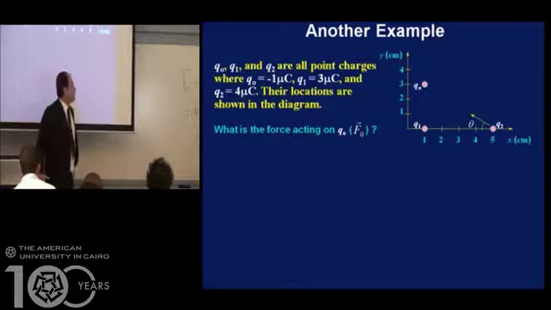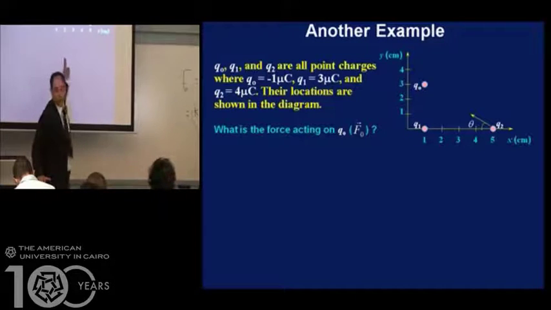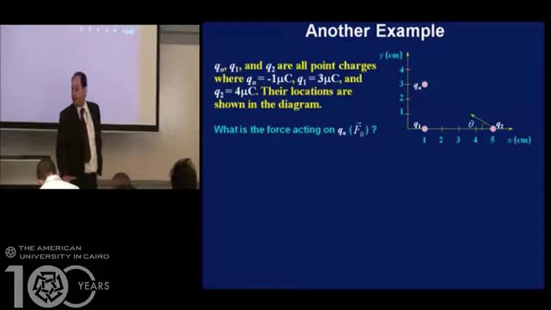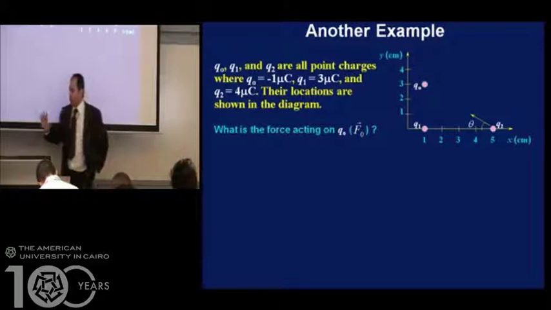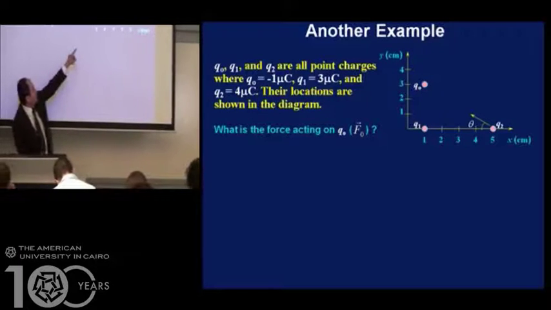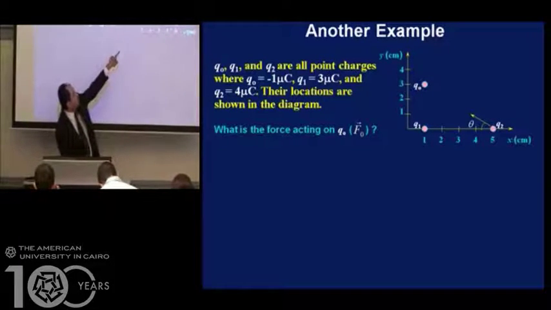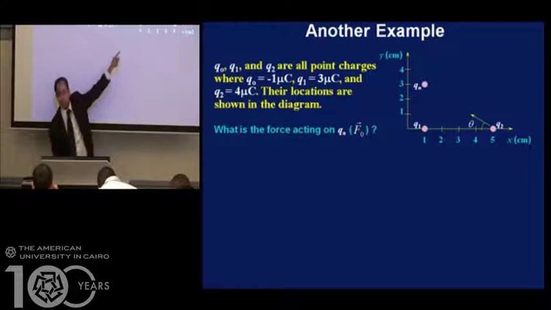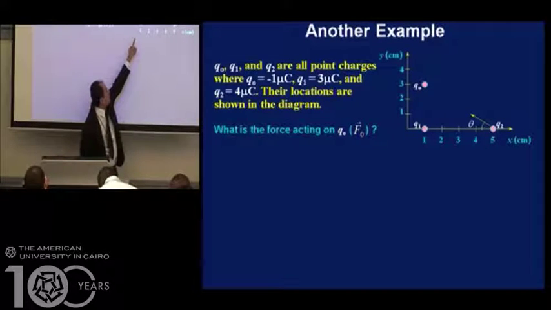I said that now I have two charges acting on Q0. They might be pulling or pushing Q0 depending on the relative signs of the charges. So I'm going to take it charge by charge. I'm going to look at the effect of Q1 on Q0, since we need the force on Q0.